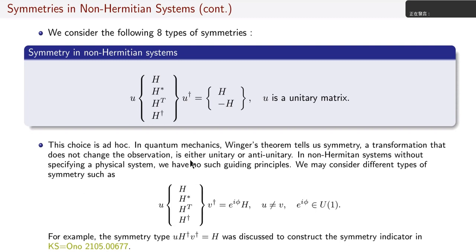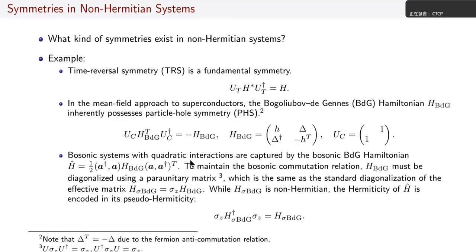The dagger symmetry is not complex conjugate and transpose, right? Here, dagger symmetry is just the usual dagger. If it is the usual dagger, then you can get it by complex conjugate and transpose. Yes, that's the question. Oh, I see. It's not 8. I see.